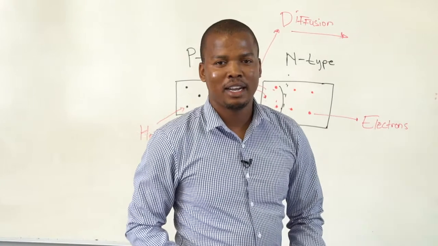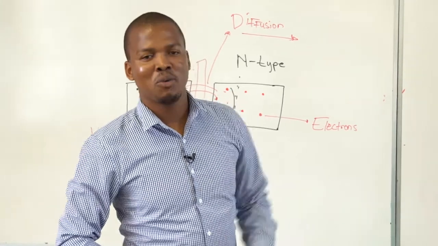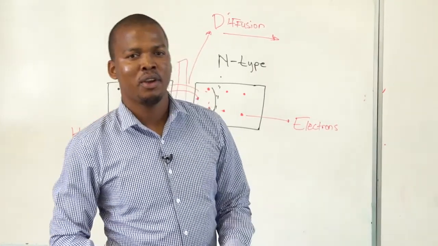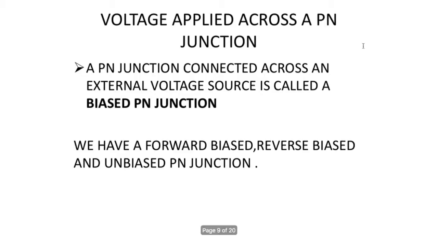A question may arise: what happens when a voltage is applied on a p-n junction? When a p-n junction is connected across a voltage, it is called a biased p-n junction. We have forward biased, reverse biased, and unbiased p-n junctions.